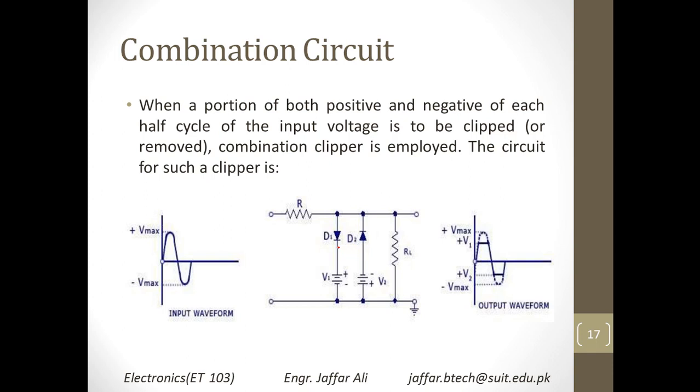And how does this work? You just arrange the diode D1 and the other diode D2 with an RL in parallel, and by adjusting the value of RL you can clip out your undesired section or portion of the signal.